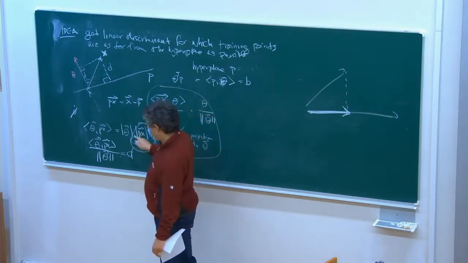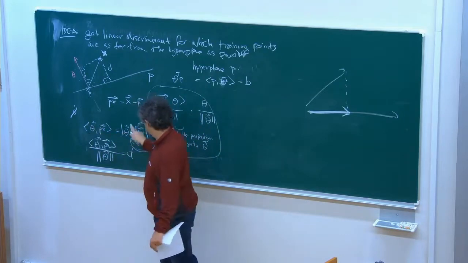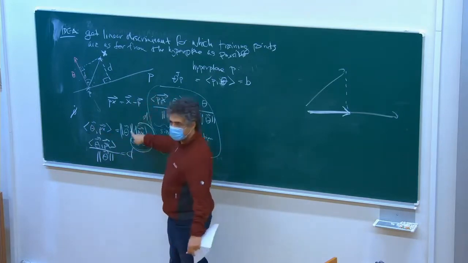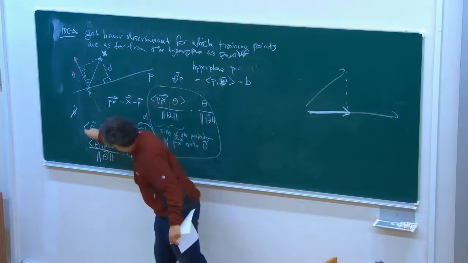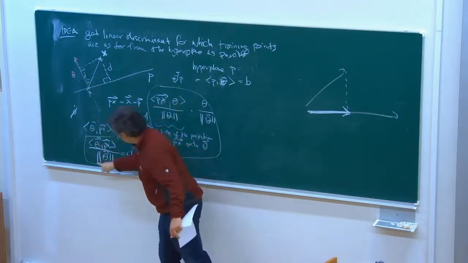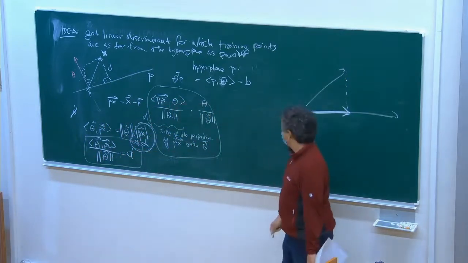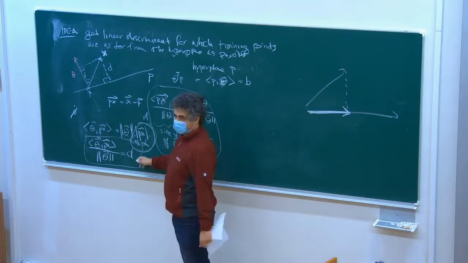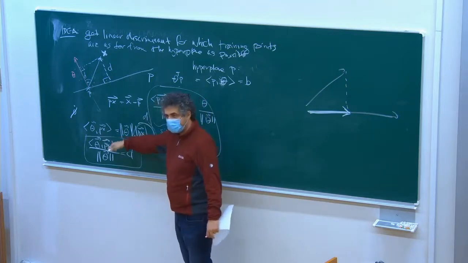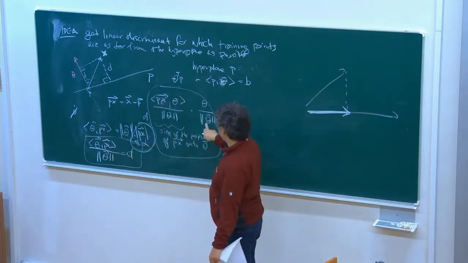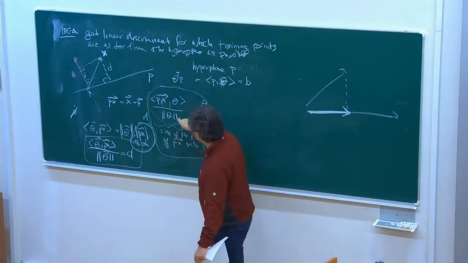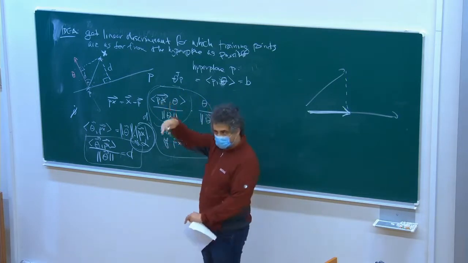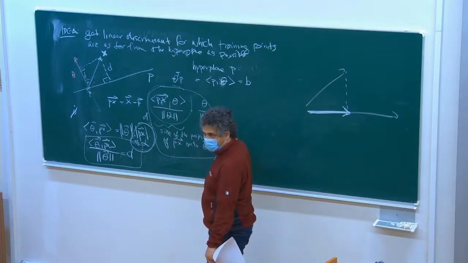Okay, so now we only do a simple transformation. We divide everything by the size of vector theta. So we get that this distance is this thing. If we just wanted a distance with a sign, we have it. If we wanted the whole projection vector, because this is just a number, just a length, I need to give it a direction.